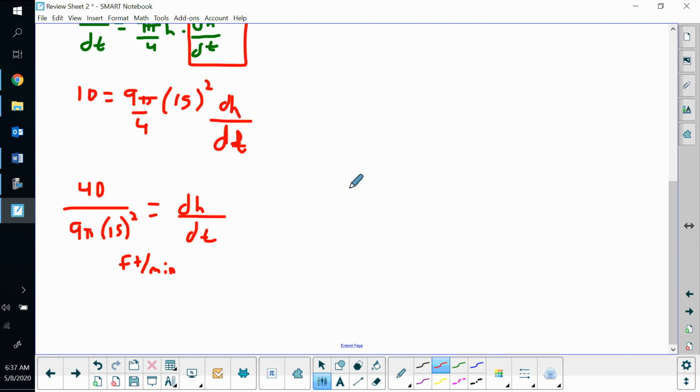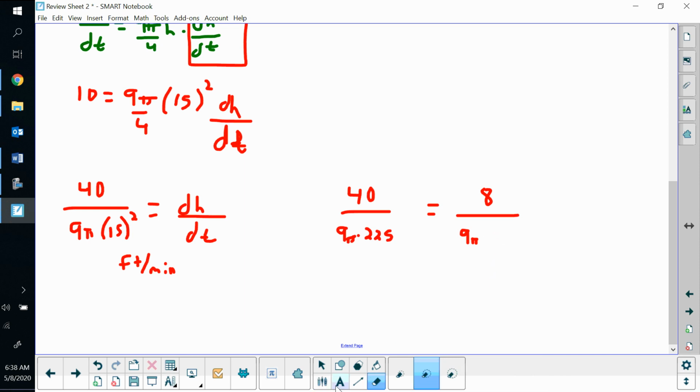Now, if you were to multiply it out some, this would be 40, this would be 9 pi times 225. Then you could take a 5 out of each of those. So that would be 8 over 9 pi times, 5 goes into each 100 20 times, so that's 20, 20, and then another 5 goes into the 25, so that's 45.